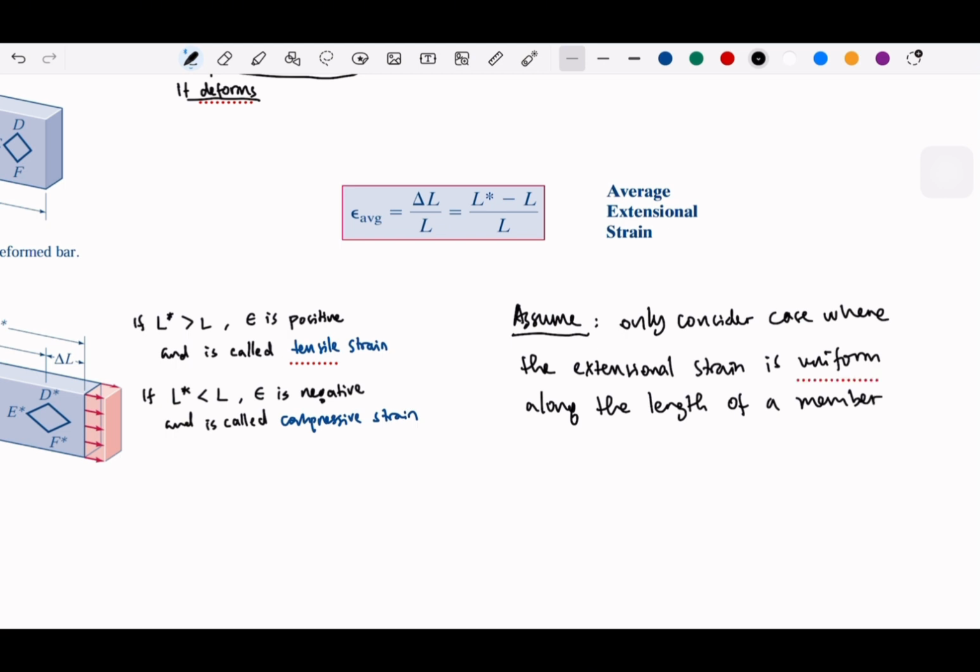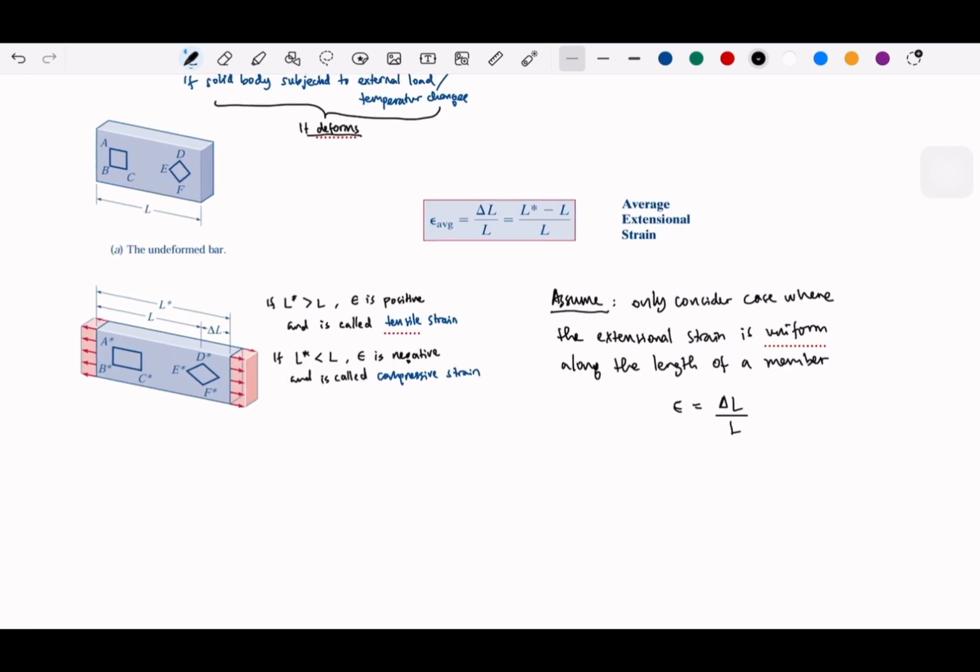Or simply, we could say the axial strain is just delta L over L. So all the strain will be uniform along the bar or the member; it will be the same.